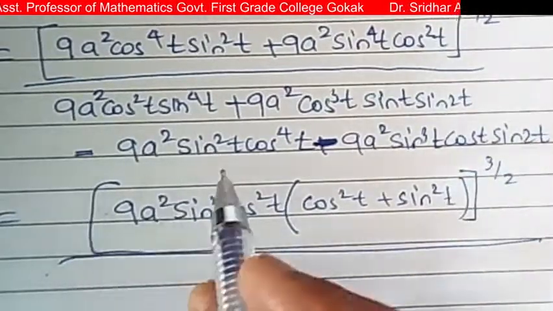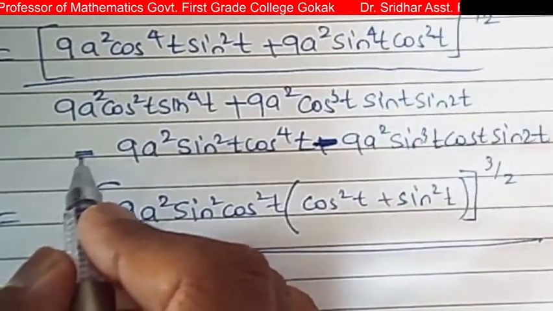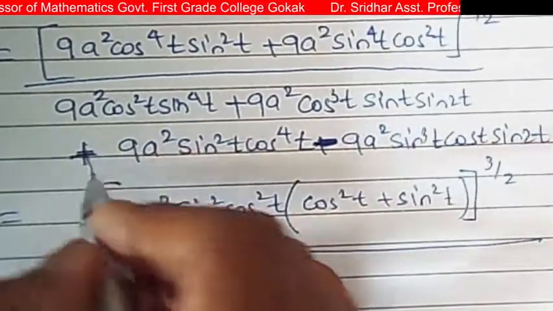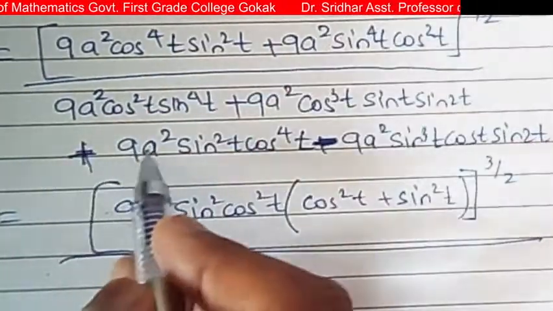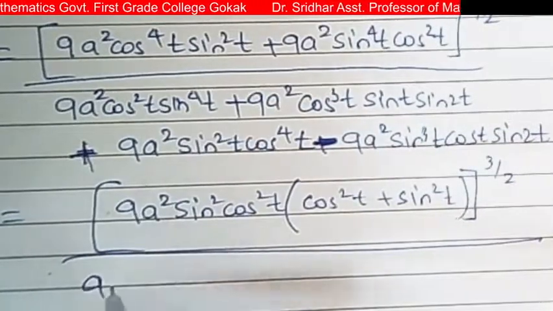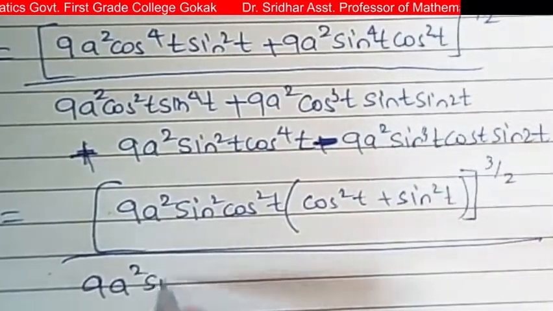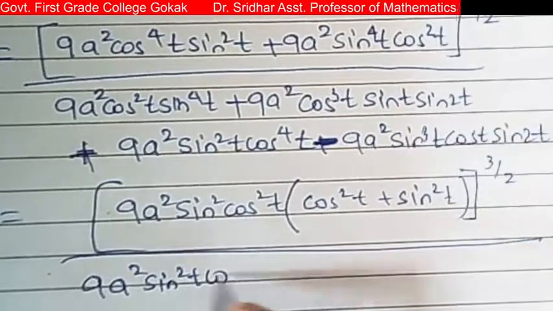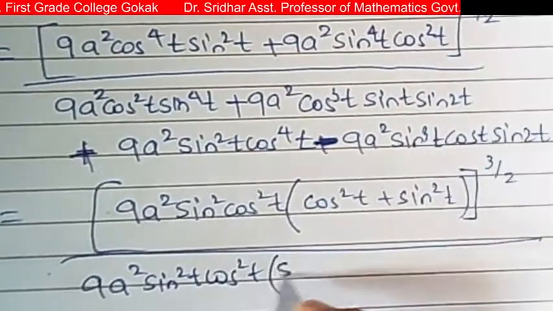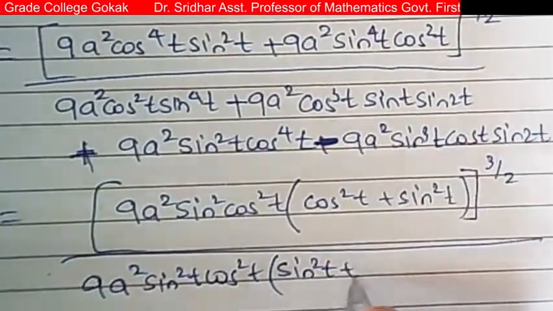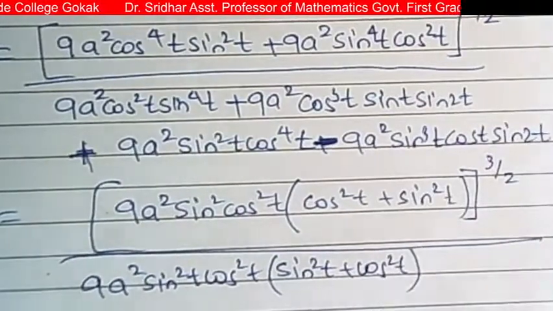And here from these two terms, this is plus, because minus into minus becomes plus. I take from the first and the third term 9a square sin square t cos square t as common, and I am left with the term sin square t plus cos square t.